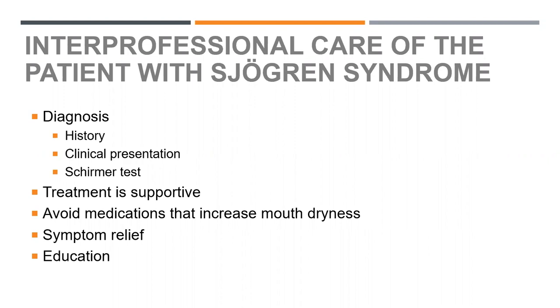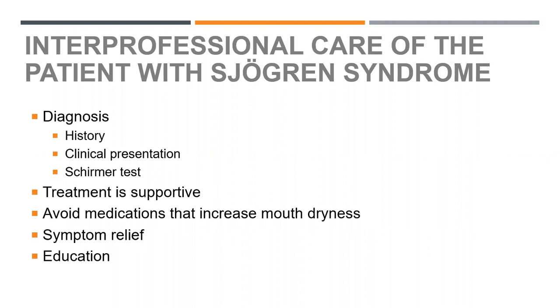Topical agents that can be used include cyclosporine emulsion eye drops, and these help to reduce ocular inflammation and increase tear production. We may be using other products to help improve salivation and keep the mouth moist as well.